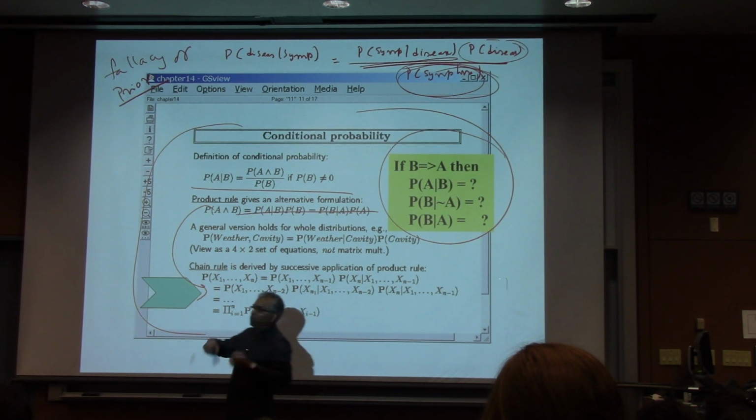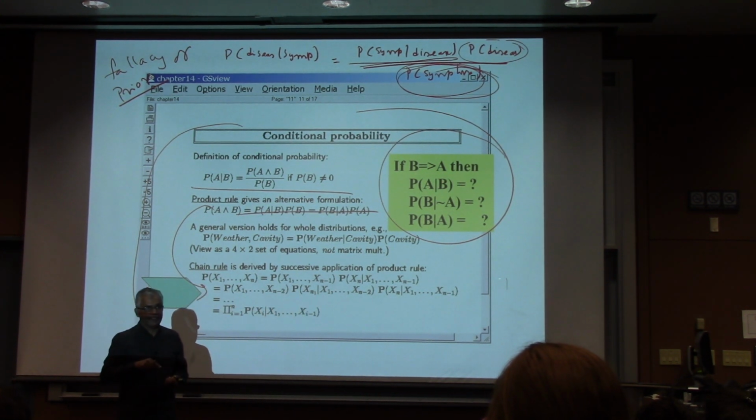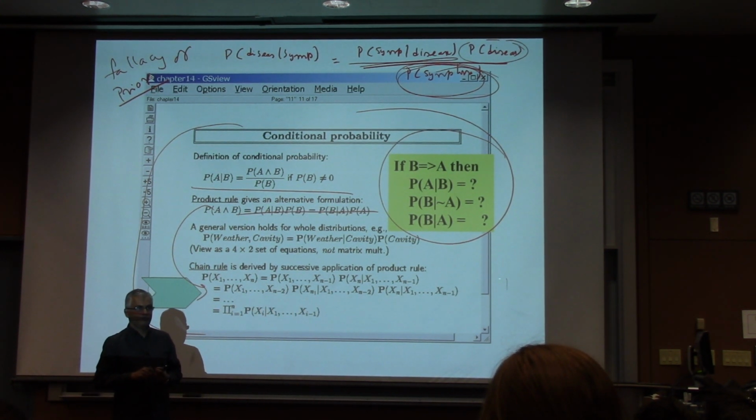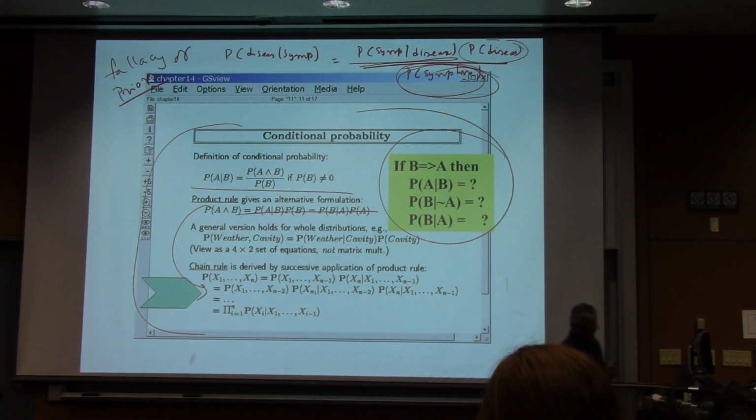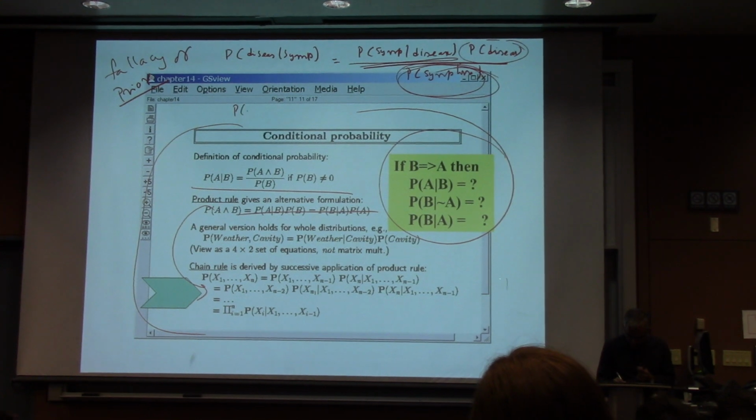Suppose I also want to compute probability of not disease given symptom. What would the rule be? Probability of not disease given symptom is probability of symptom given not disease times probability of not disease divided by probability of symptom.